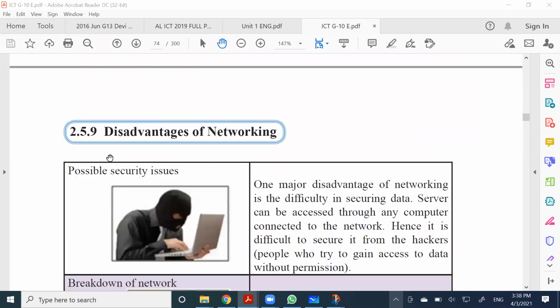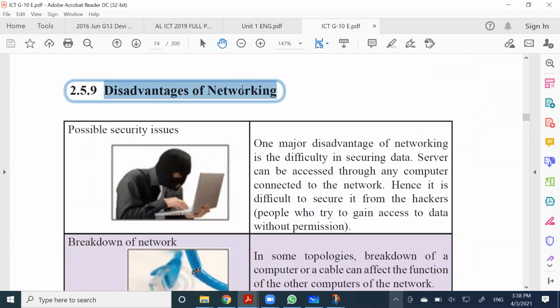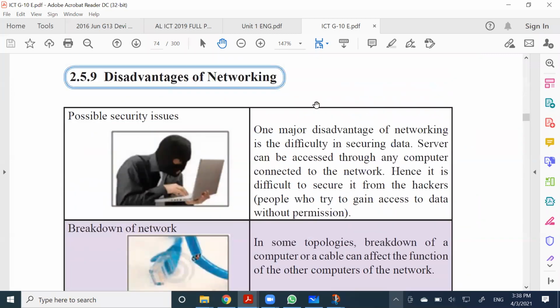So we are going to the very last topic, disadvantages of networking. The first issue is the possible security issues. Like I said before, since a network is a collection of devices, it contains a lot of valuable information, and the threat of people trying to hack into it is greater, right?